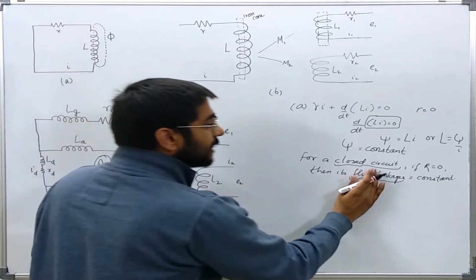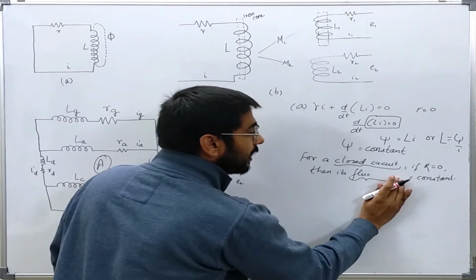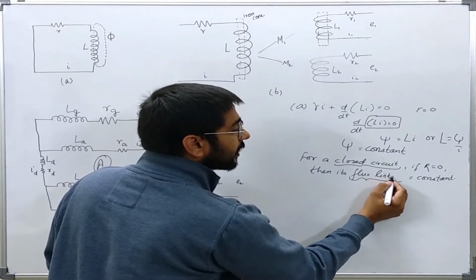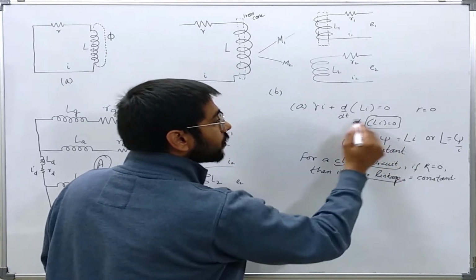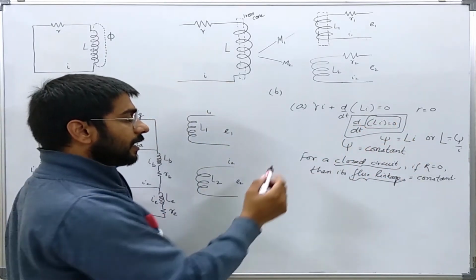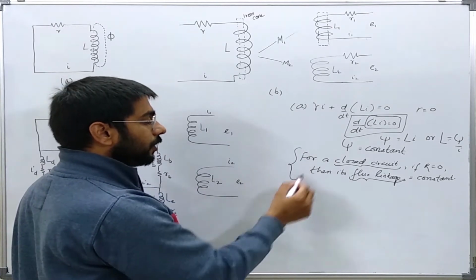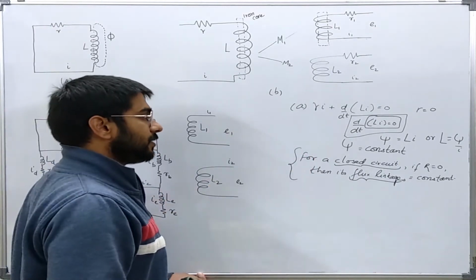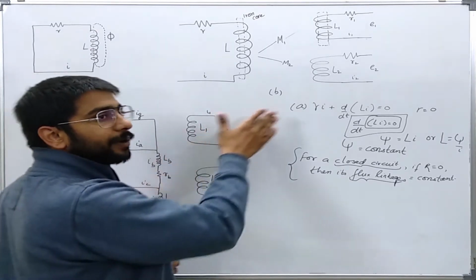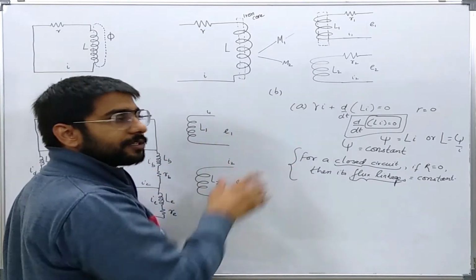Instead of writing just flux, I want to clearly show that it is the linkages of the circuit, not just the flux. So from this definition and this circuit, I have clearly shown the concept of the theorem of constant flux linkages. Now I will try to further elaborate the scope of this theorem.